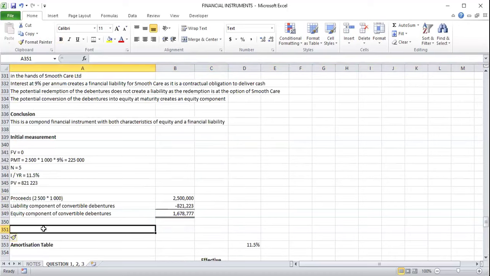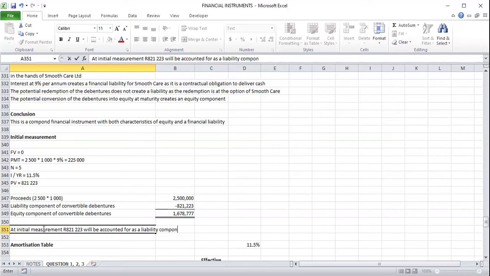Well, I was answering the initial measurement. So I say it initial measurement: 821,223 will be accounted for as a liability component of the debentures, and 1,678,77 will be accounted for as equity components.